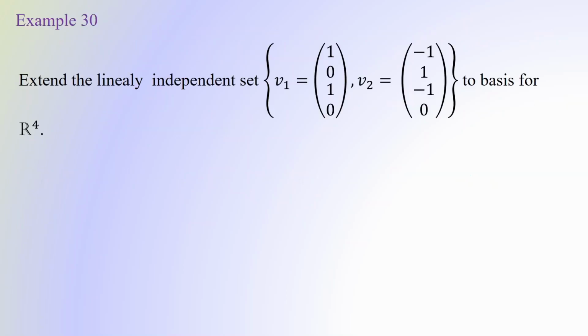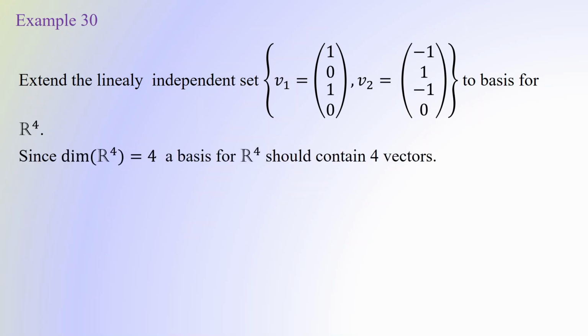So how can we use the previous theorem to form a basis for R4? Suppose we are given two vectors v1 and v2. You can clearly see that they are linearly independent. Since the dimension of R4 is 4, we want to find a basis of 4 vectors containing v1 and v2.